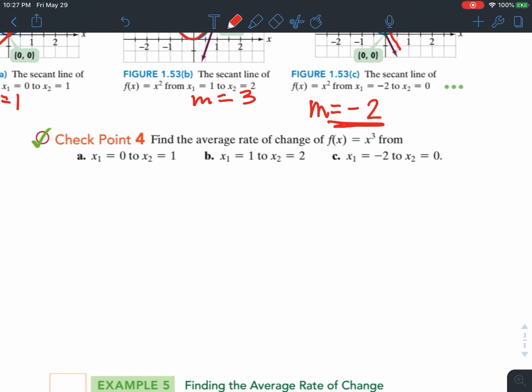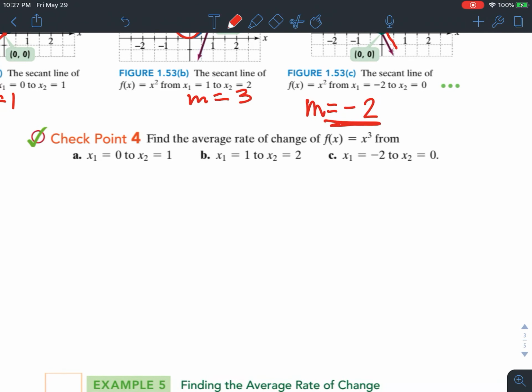Okay, so now we have a couple more rates of change with a new function, x cubed. So remember, we're going to write our points first. 0, 1. Plug the 0 in, we get 0. Plug the 1 in, we get 1.